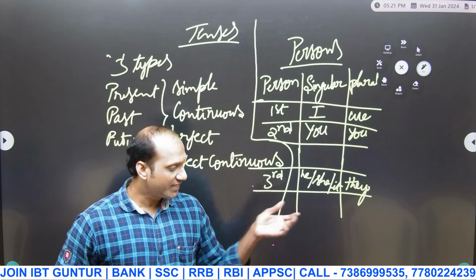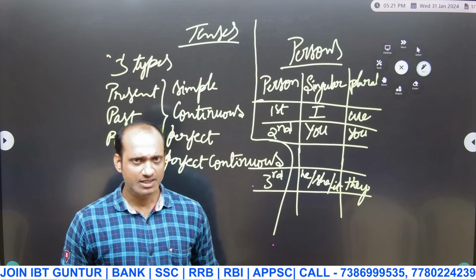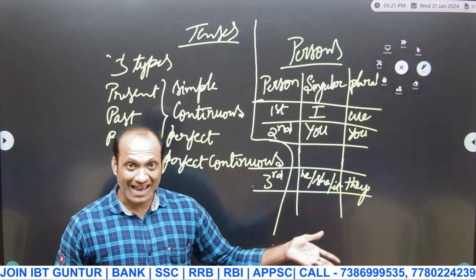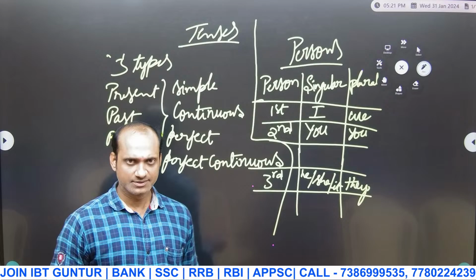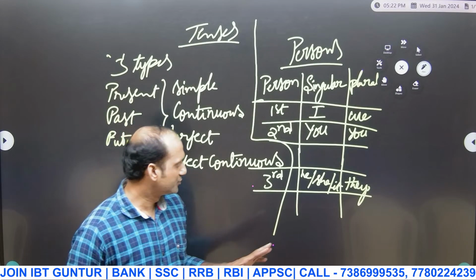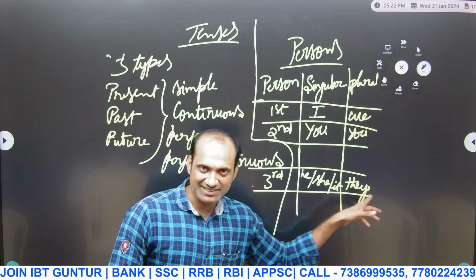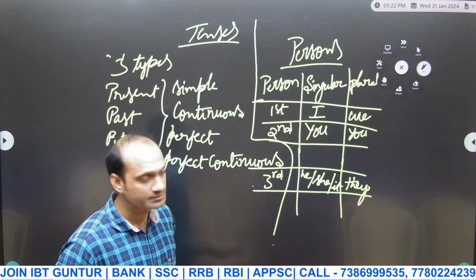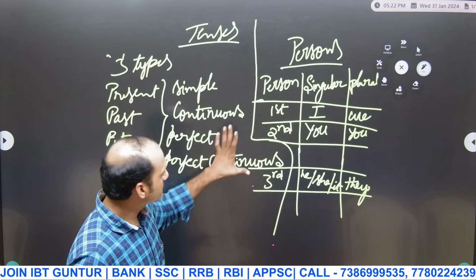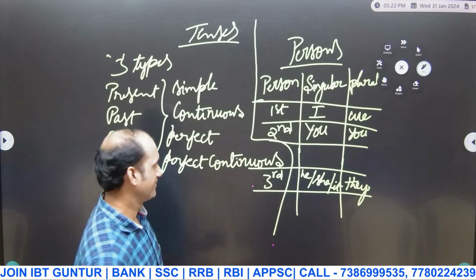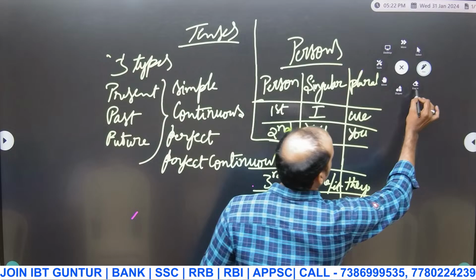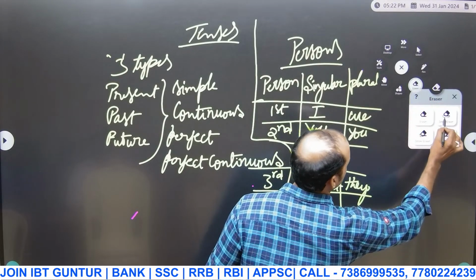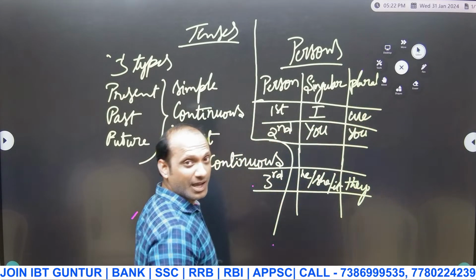We can say they are fighting, right? Otherwise, a cat and a dog are fighting. For that purpose, we can use third person plural they. After getting clarity about this, I am going to explain about verb forms.